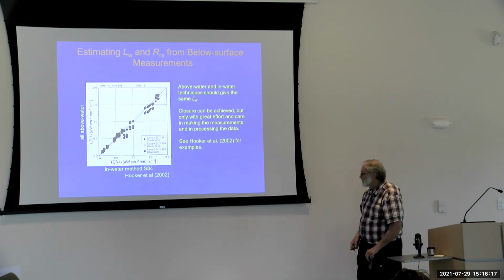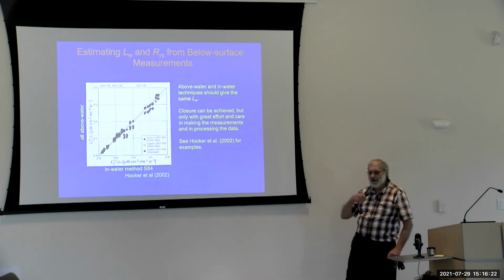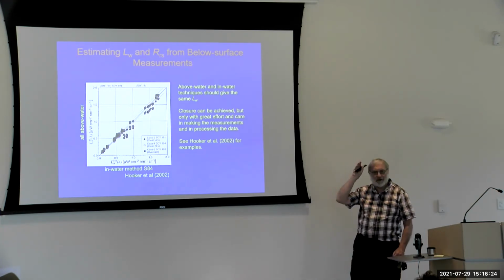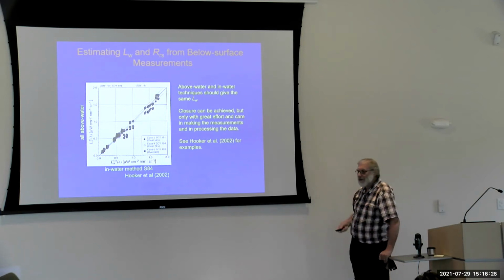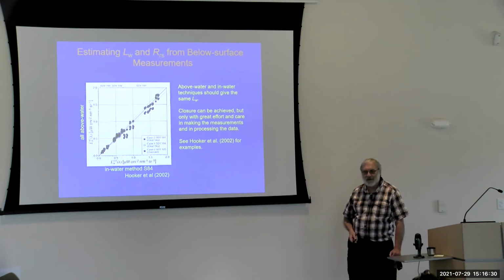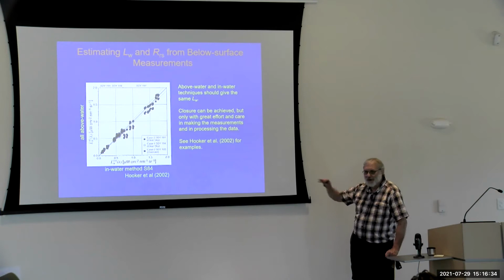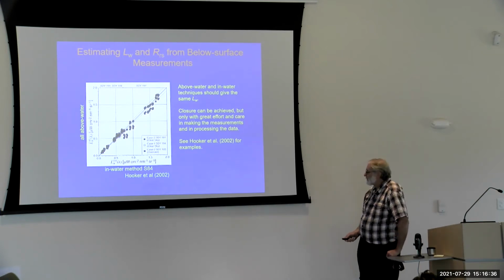But you can get good agreement, but it's not something you just put the instrument in the water, bang, you get numbers out and away you go. It's a tough problem. And that's what you learn in this class, is just how hard it is to get good data, whatever the measurement is.